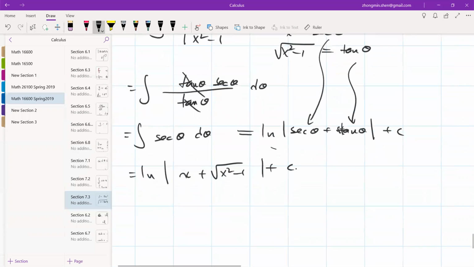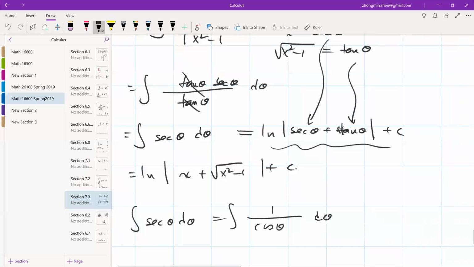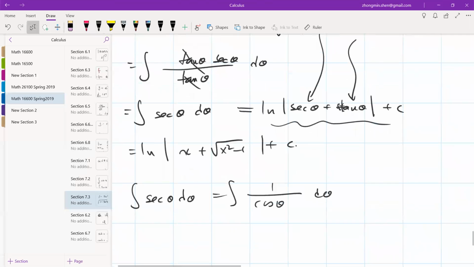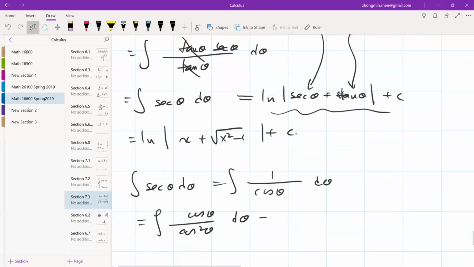And where's this formula from? I just know it. Suppose you don't know this formula. The standard trick here is to multiply the numerator and denominator by cosine theta. Then I use another substitution. I let u be sine theta.